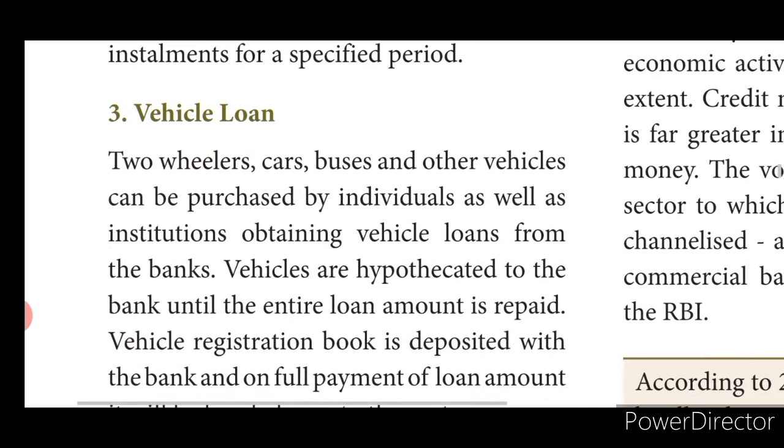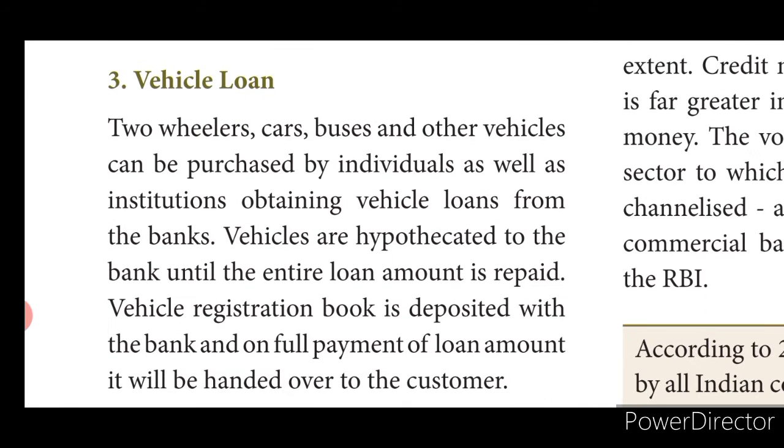Okay. What is a vehicle loan? You purchase one vehicle and you want it on a loan. This all takes place with middle class families. Consumer loans, vehicle loans, everything is actually taken by the middle class family, because we don't have much money. So we pay some initial amount, and then we get the vehicle by pledging it, and then you pay the money in installments and repay the money back. That is the vehicle loan.